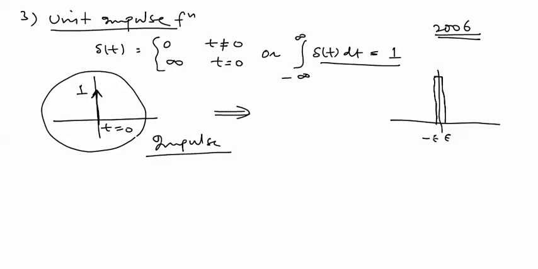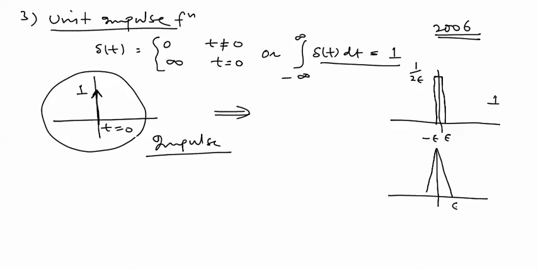If the width of the impulse is 2 epsilon, the height will surely be 1 upon 2 epsilon. If I consider the impulse as a rectangular pulse, the area covered by the impulse is 1. If someone considers it as a triangular pulse, the area covered is also 1. Ideally it is a 0 duration pulse; practically some duration is attached to the impulse function.